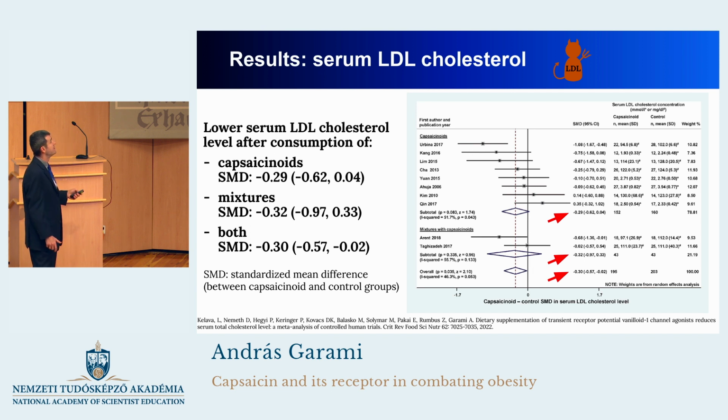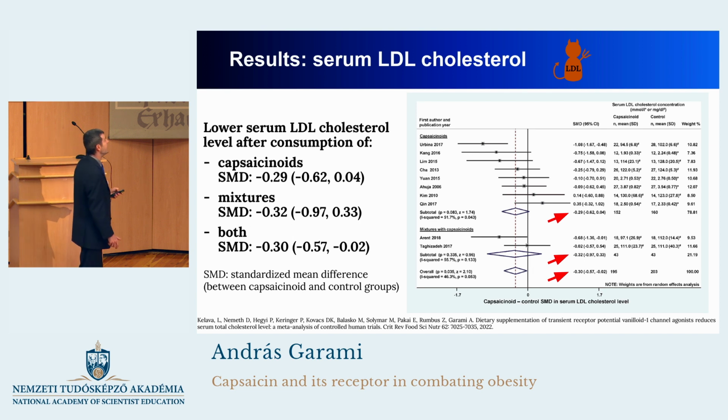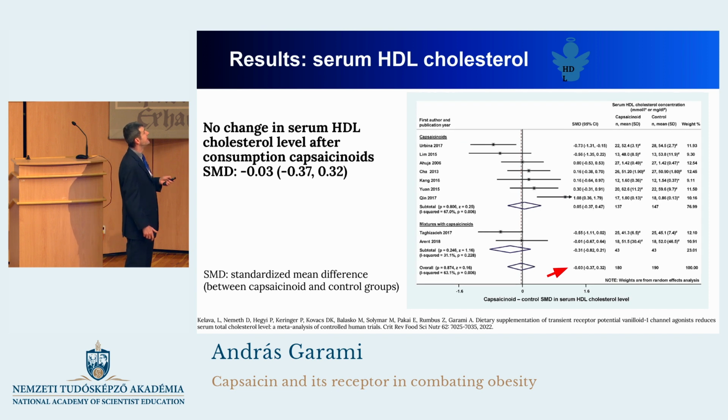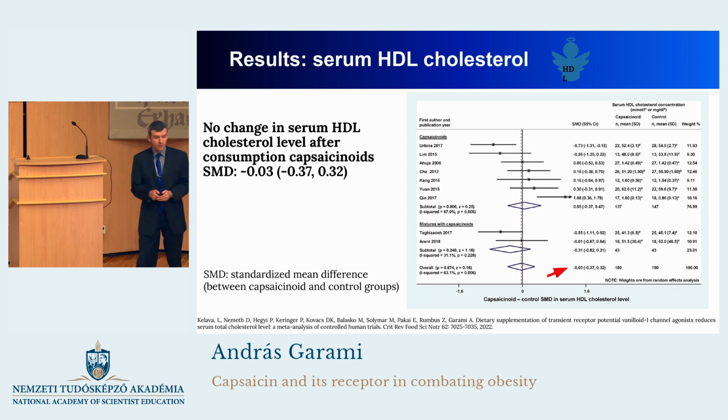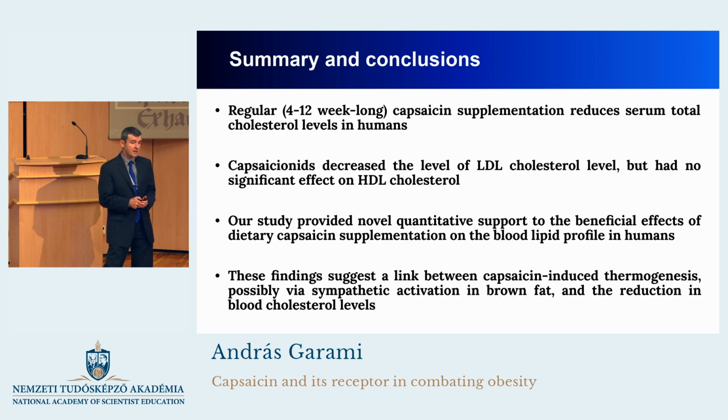And we also wanted to see the good cholesterol, HDL, and here, in contrast with the previous results, we found that the SMD was near zero, so there was no significant effect on the good cholesterol after the consumption of capsaicinoids.